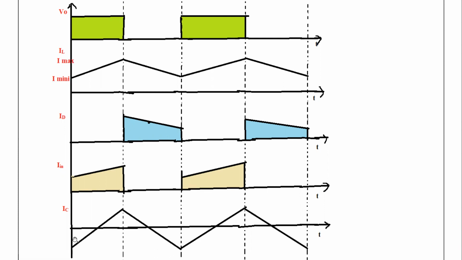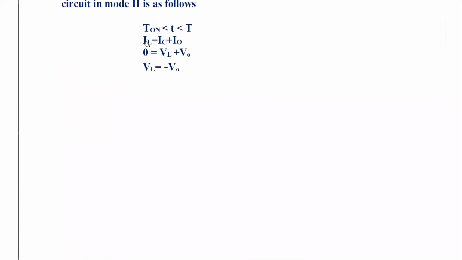So here this capacitor current is starting from a negative value. This is because capacitor current can be calculated as IC is equal to IL minus I naught, inductor current IL minus load current.